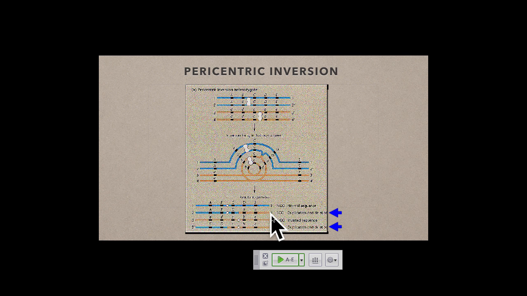I could show you the crossing over and ask: if the crossover occurs anywhere between this little corner and here, you have two non-viable gametes come out. If it occurs outside that zone, then you're okay. Or if they're homozygous chromosomes for the inversion, you're okay.